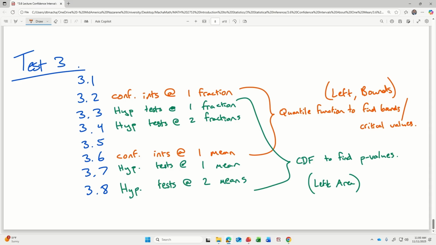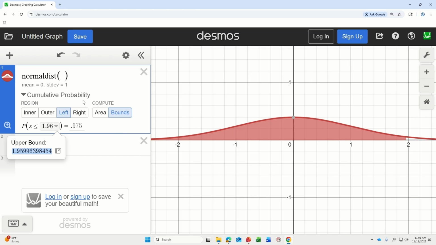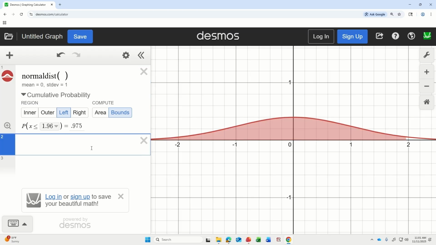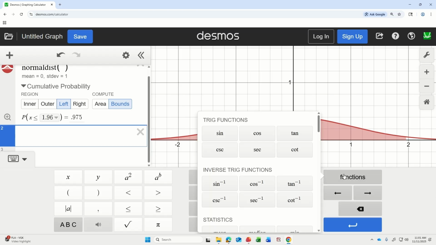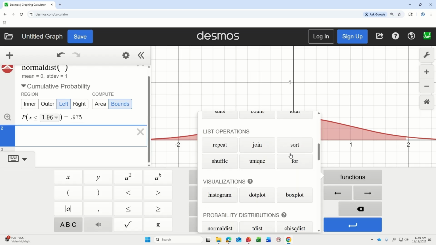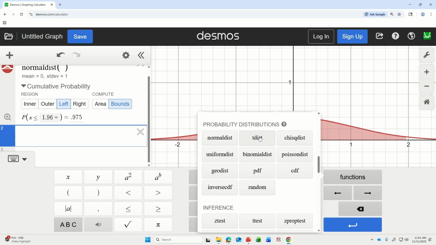Question? If we're finding the critical value for the t-distribution, what do we put in? Left area or left bounds? If you want the quantile function for the t-distribution, yep, we'll just put left bounds. I'll show you in Desmos. If I want the t-distribution, then instead of normal distribution, you click Functions and scroll down to t-distribution right here.